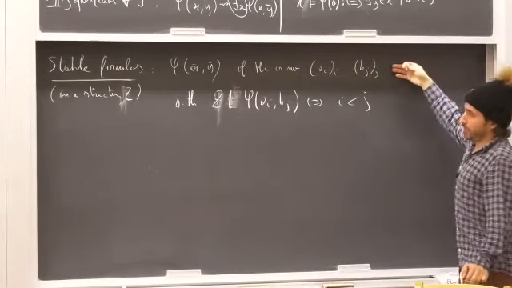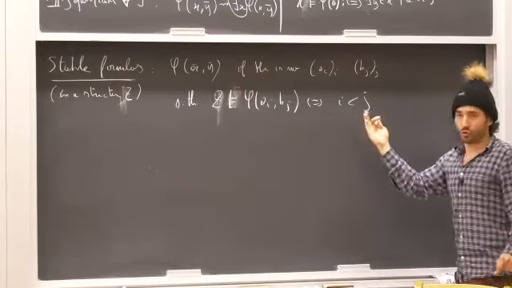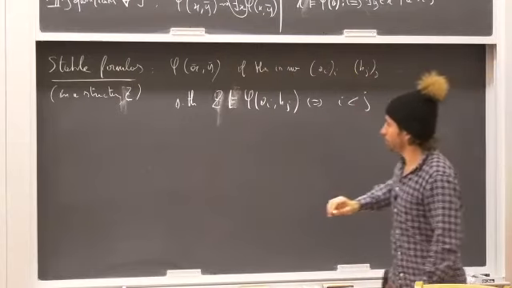So I call a formula stable if this configuration never occurs.